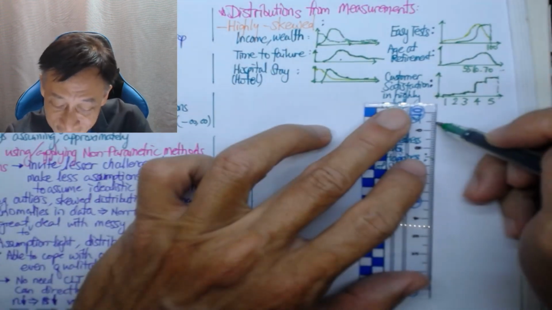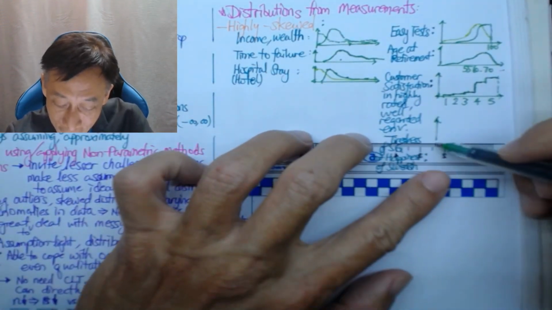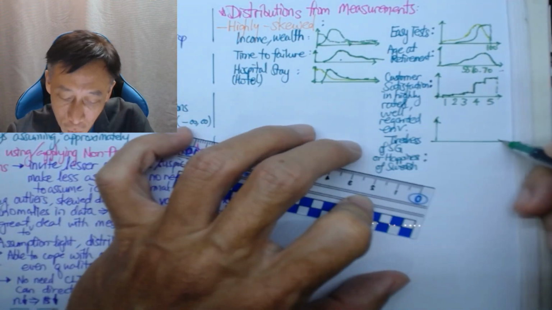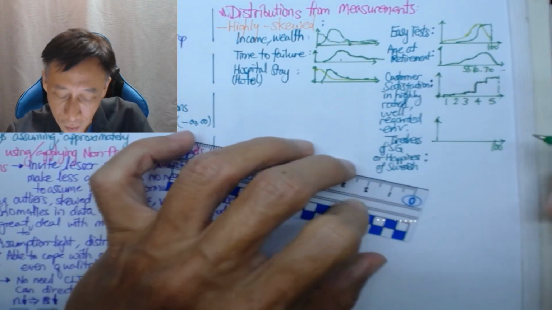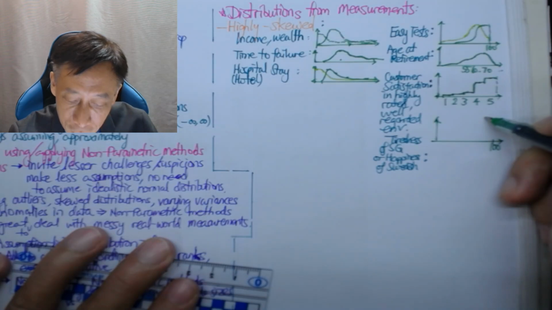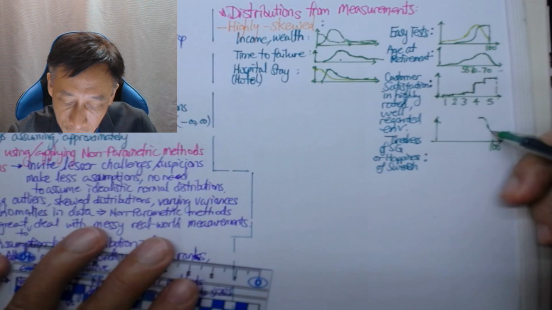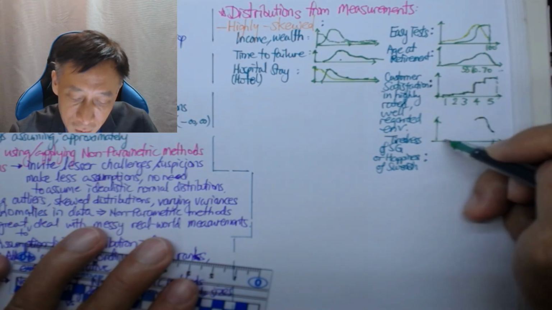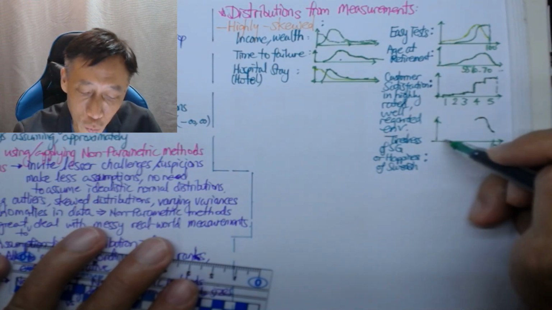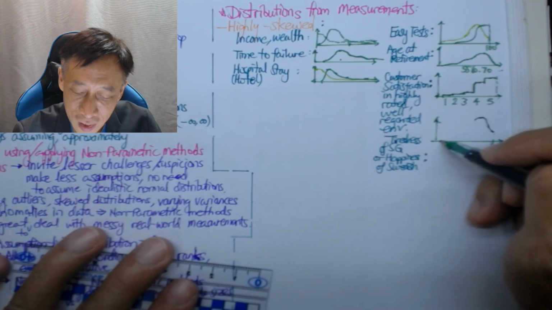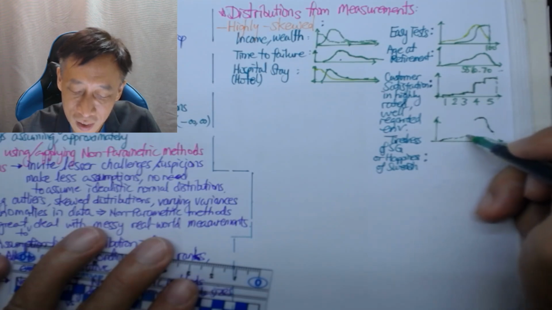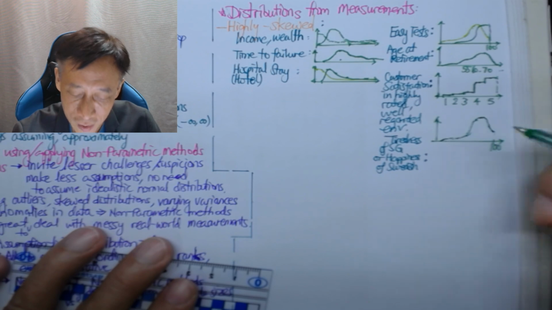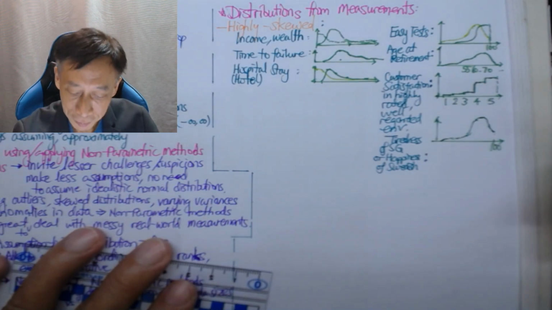Tiredness will be in terms of score, converted to score 100. Most people in Singapore work a lot, so very tired, and it doesn't drop to 0 at 100. There's still some. Then relatively speaking, few people will feel less tired. So most people feel very tired at the end of the week, let's say.